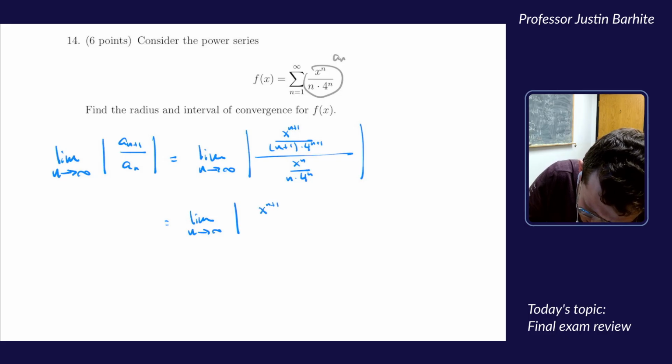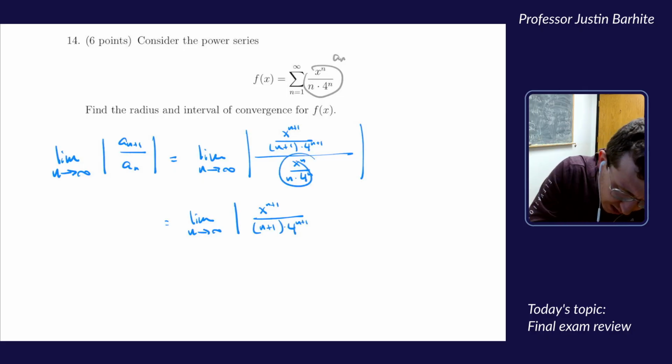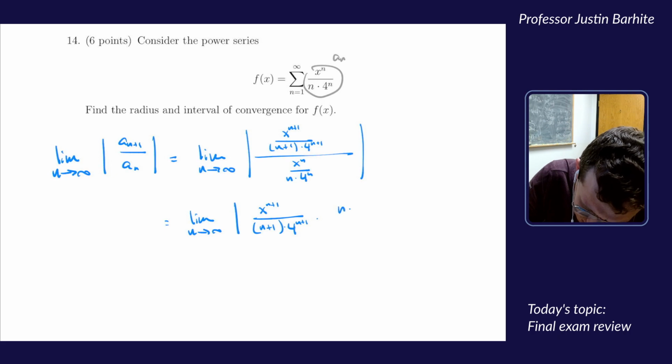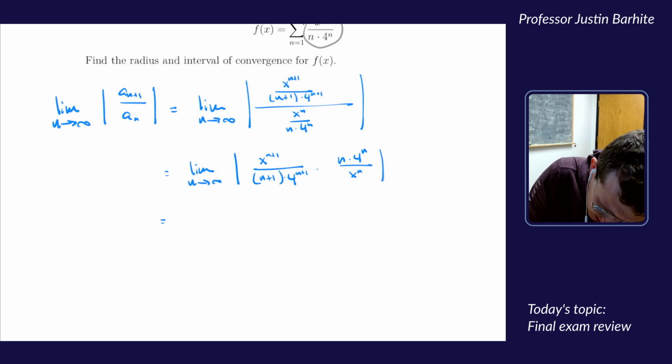Let's begin by rewriting this quotient of fractions. Dividing by a fraction is the same thing as multiplying by its reciprocal. And then a lot of stuff cancels out.